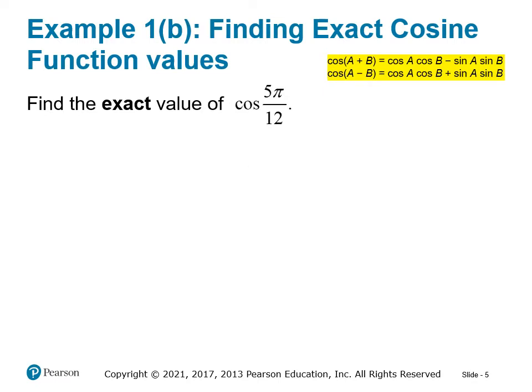Okay. What if we have the cosine of 5 pi over 12? Now, this is very similar. I've been in math obviously a lot longer than you all have, but radians still aren't something that are quick for me to recognize in my common knowledge, okay?